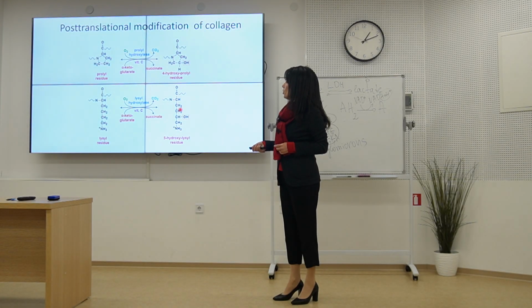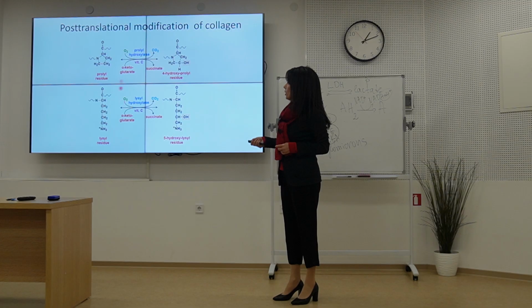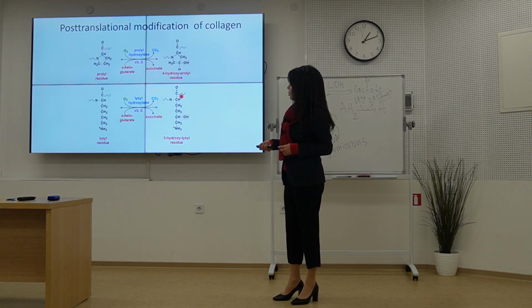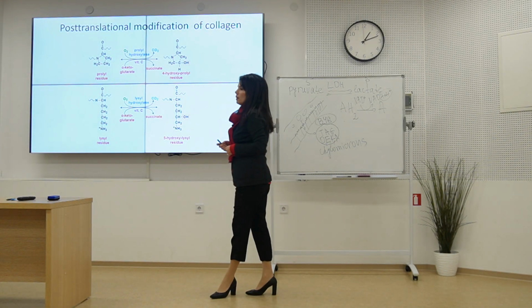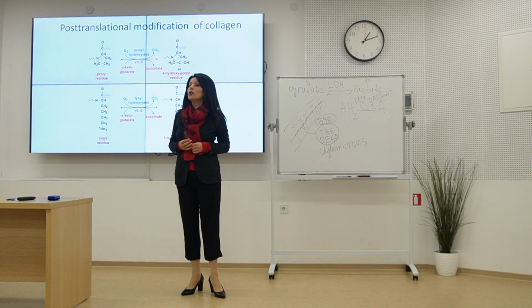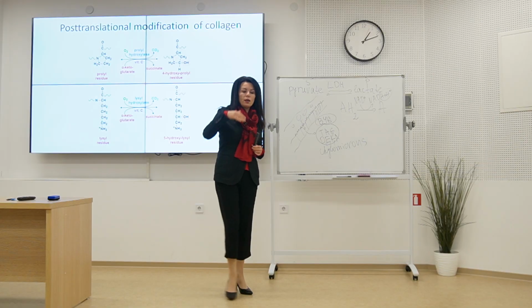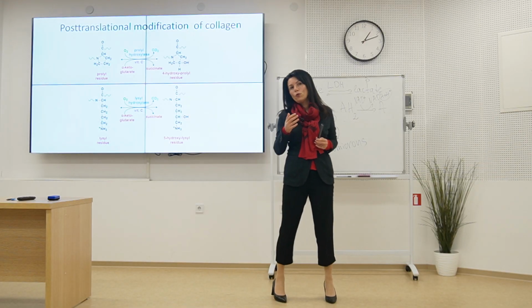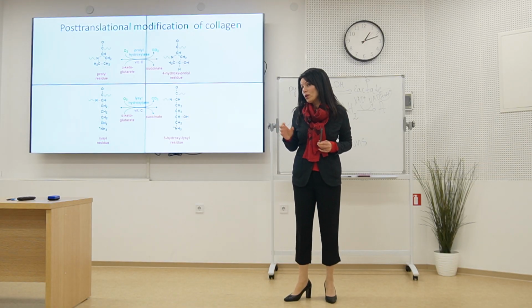These two reactions occur with the participation of vitamin C and molecular oxygen, and both of these enzymes. This post-translational modification of these amino acids is used during the formation of collagen. If there is enough vitamin C, stable collagen will form.